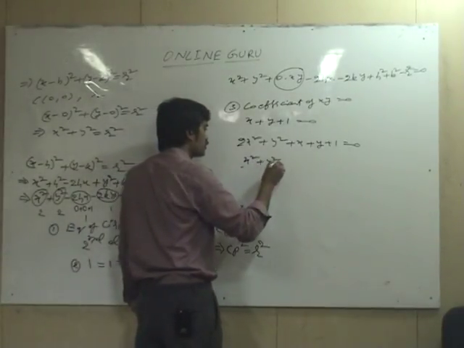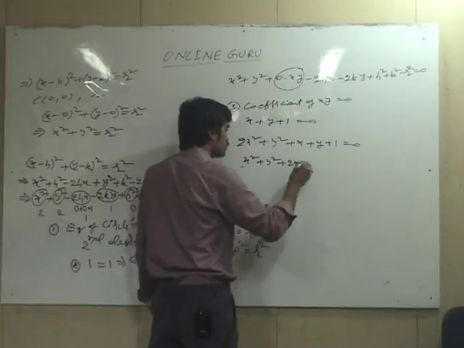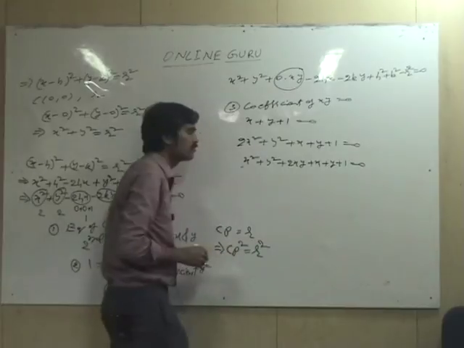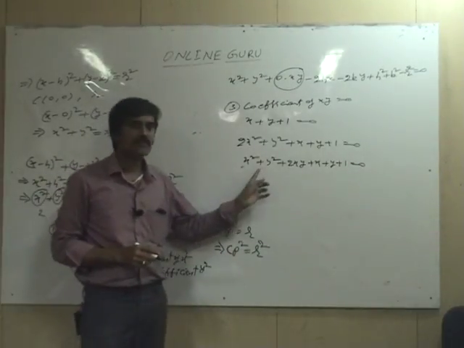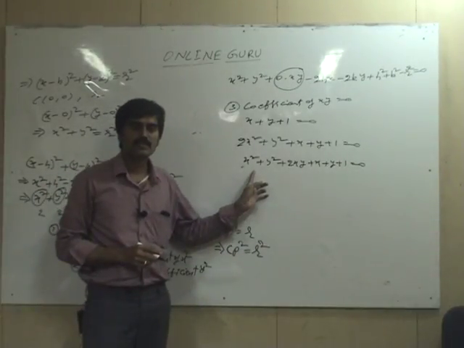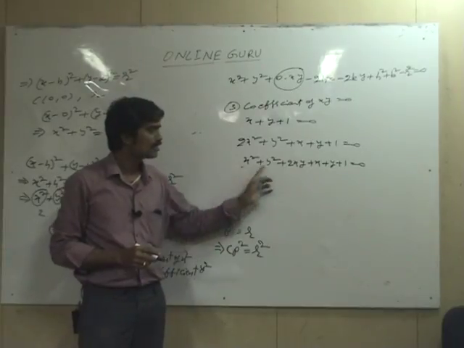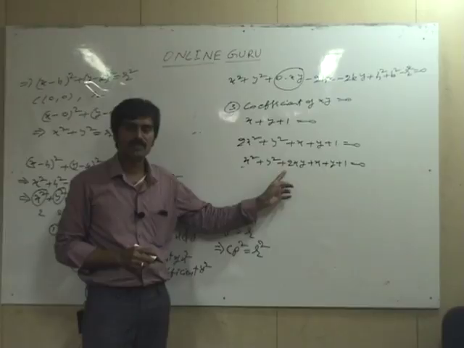Take one more example. x square plus y square plus 2xy plus x plus y plus 1 equal to 0. You have to decide, is this the equation of a circle or not? Verify these three properties. It's a second degree equation in x and y, first property is satisfied.